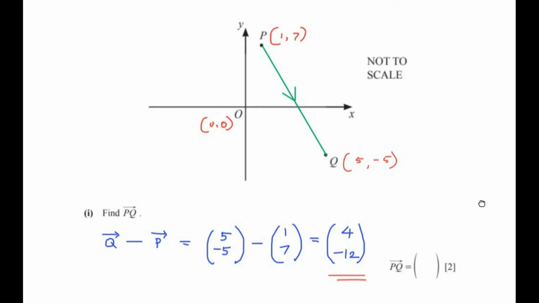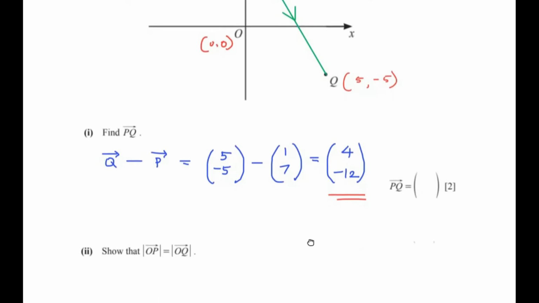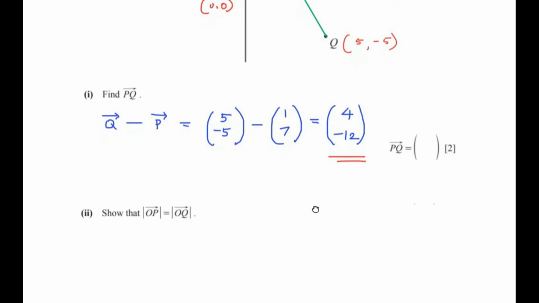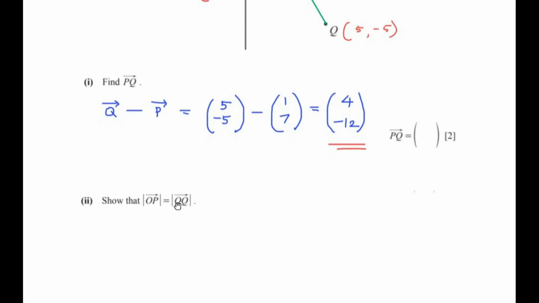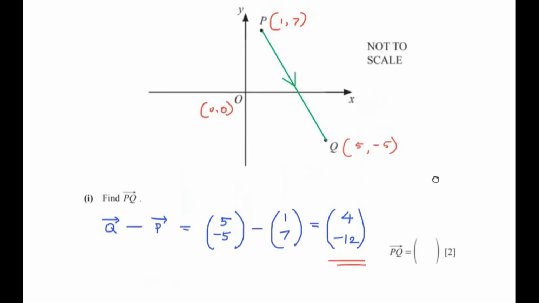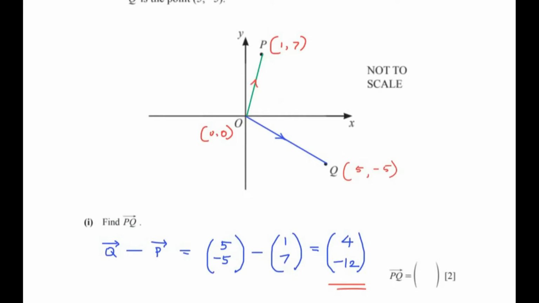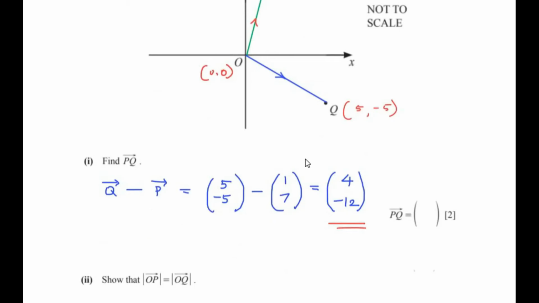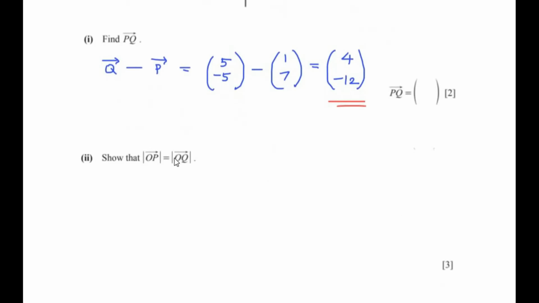Now moving on to the next one. Show that the magnitude or absolute value of vector OP is equal to the absolute value or magnitude of vector OQ. OP is the position vector of P, that is if you connect from O to P. So I have drawn here OP is the position vector of vector P and OQ is the position vector of Q. Now here we have to find out that the absolute value or the magnitude of OP is equal to the magnitude of OQ.